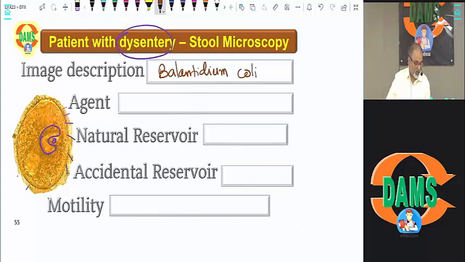Image description: ciliated trophozoite. Agent: Balantidium coli.